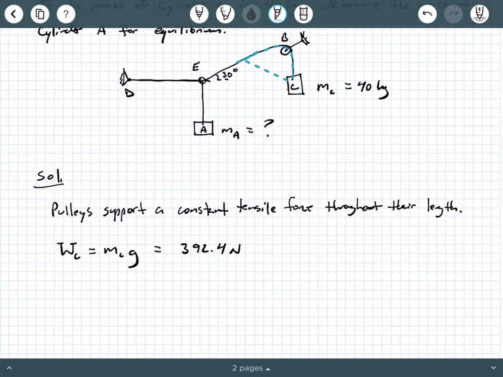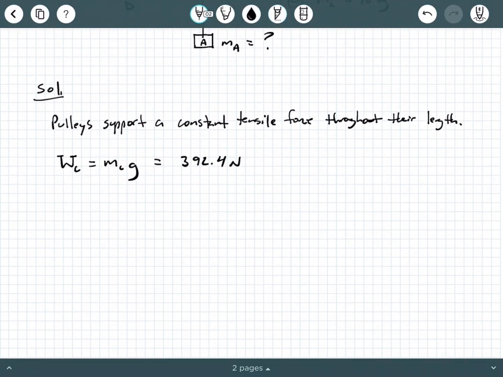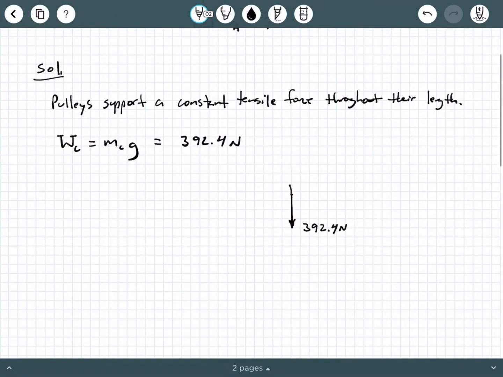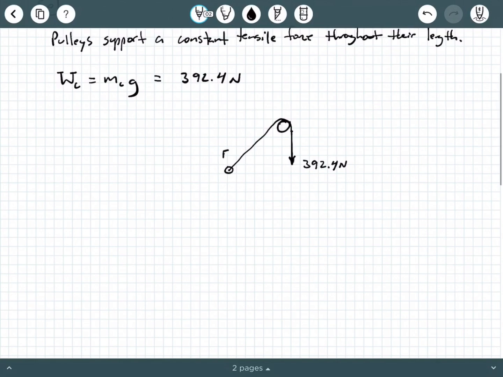But remember, it's going to be the same constant force as we wrap around to the other side of this pulley. So here's how we can draw this out a little bit more definitively. We have the weight of C as 392.4 newtons, and this has wrapped around a pulley that is right here and is attached to the ring at E. And here's our 30-degree angle.